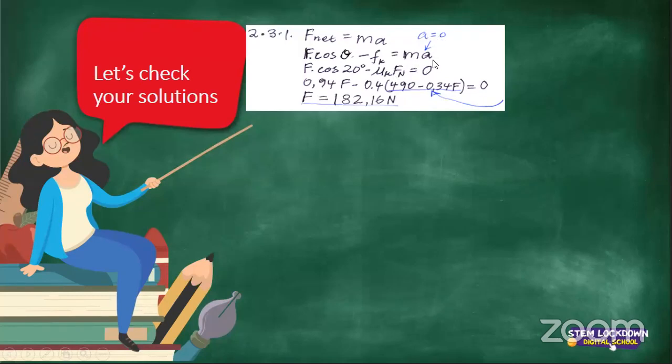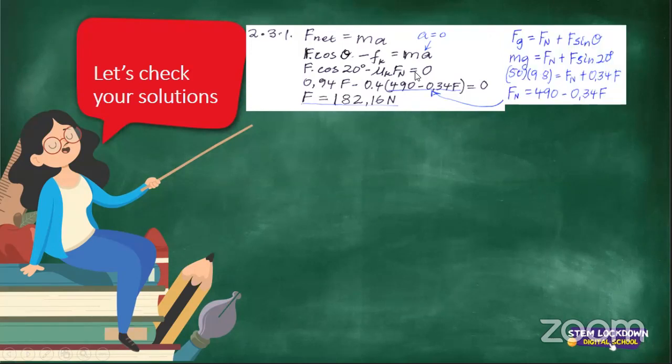We can say MA becomes zero. And then we know that this will be F multiplied by cos theta, which gives us the horizontal component of this force. So cos 20 is 0.94 multiplied by F, and then mu K, which we are given to be 0.4. Now, this part here is representing the normal force.